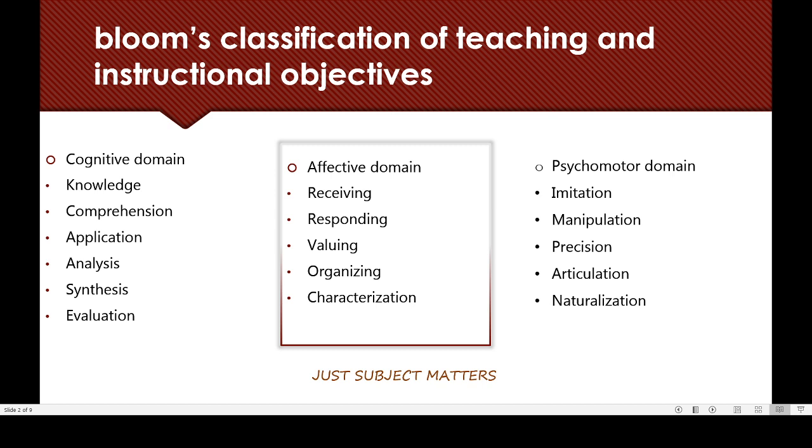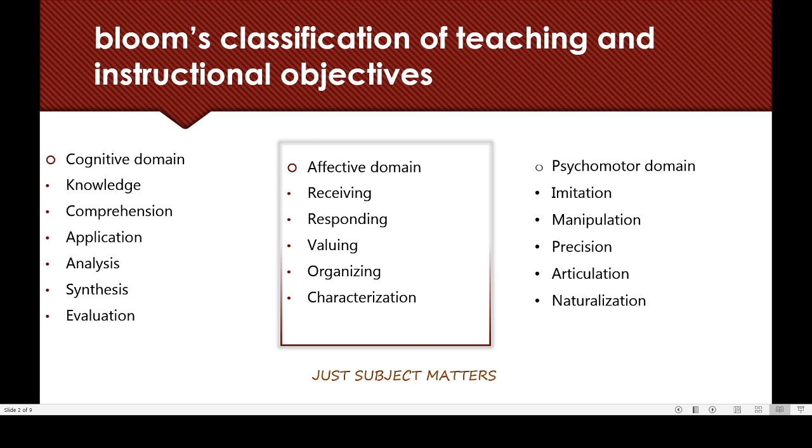In this cognitive domain, the students of Bloom, Anderson and Krathwohl, rearranged it and gave six levels. The first is remembering, where you recall or retrieve previously learned information. Understanding is comprehending the meaning or translation of what is already learned. Applying is using this concept in new situations, for example in the workplace.